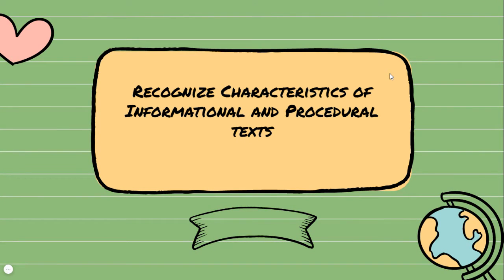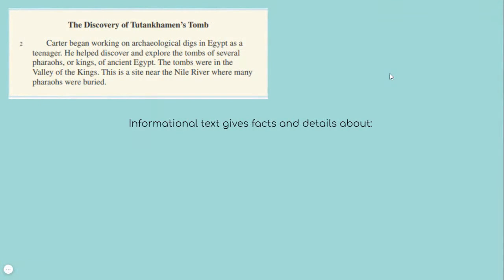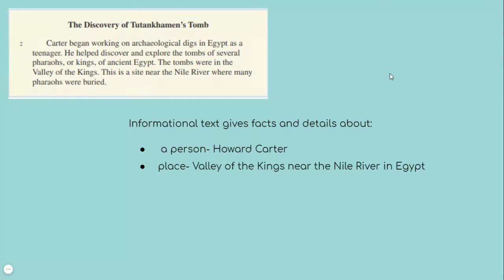Recognize characteristics of informational and procedural texts. Informational text gives facts and details about a person, place, thing, or event. Facts are statements that come from reliable sources.